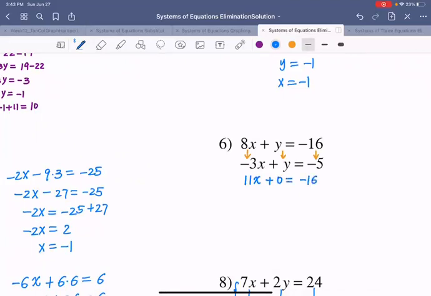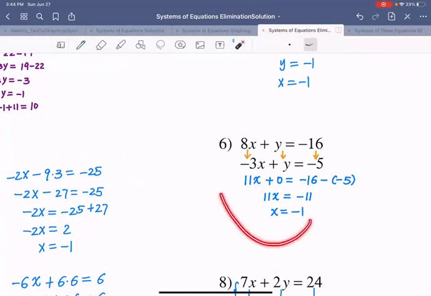Negative 11 minus negative 5, right? 11x equals negative 11. Very good. X equals? X equals negative 1. Very beautiful. Now we can plug this guy into here.